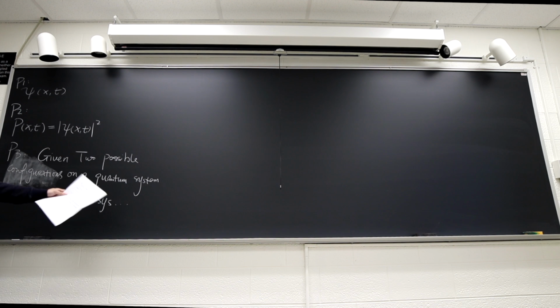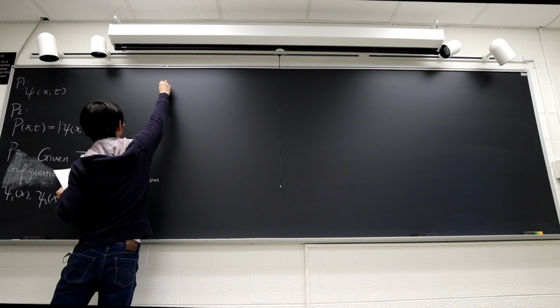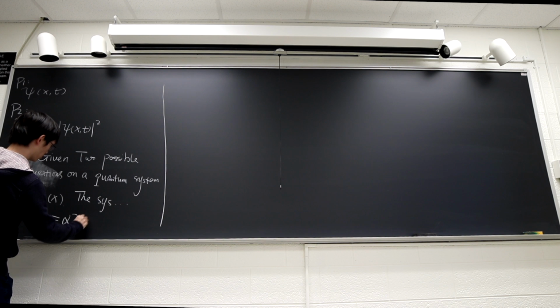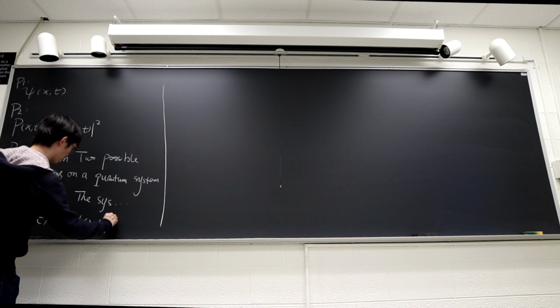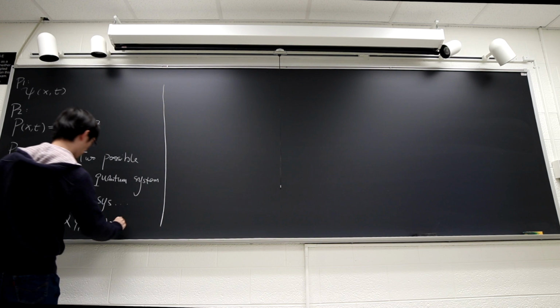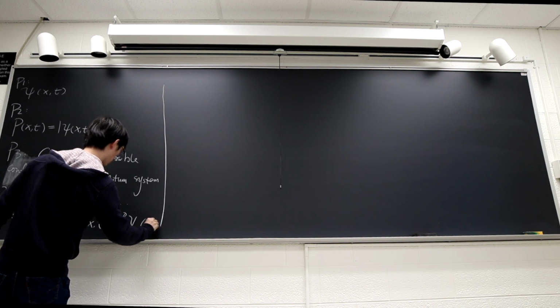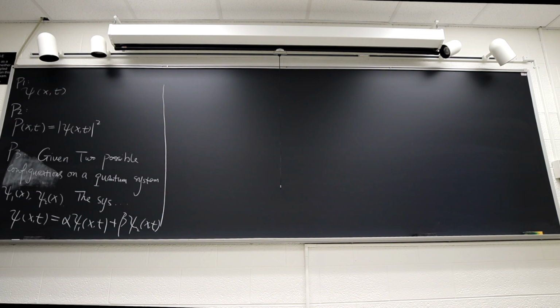Everything's in the notes, so I'm not going to repeat it on the blackboard. The system could also be in a state that is a linear combination of these two wave functions.